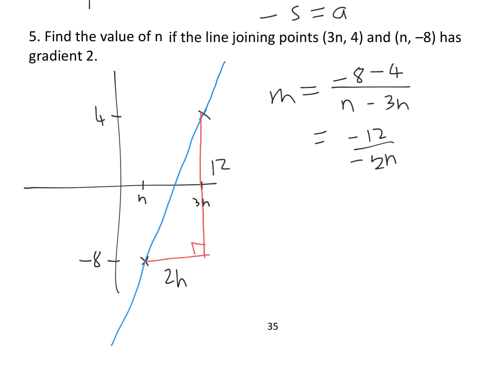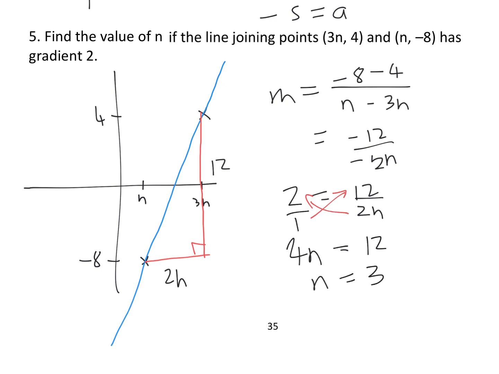A negative divided by negative will be a positive, so that would be the same as 12 over 2n. Now we know the gradient is 2, so what we can say is put that equal to 2 and make it 2 over 1 so that we can then cross multiply. And if we cross multiply, we get 2 times 2n is 4n, and 1 times 12 is 12. If 4n is 12, divide through by 4, and we get that n is 3.